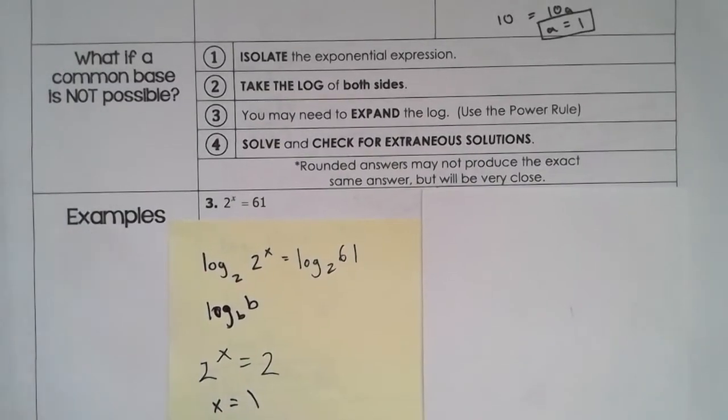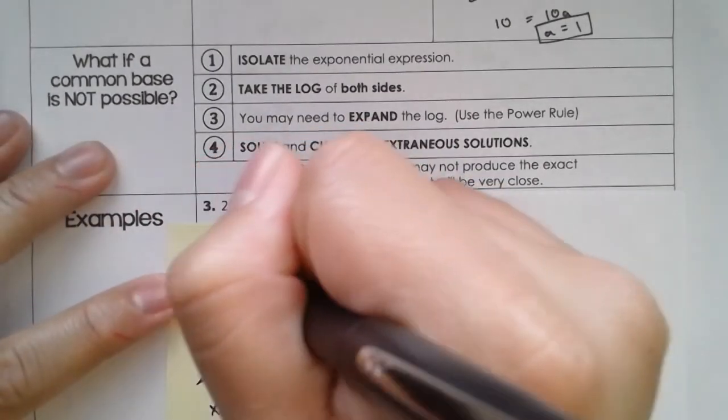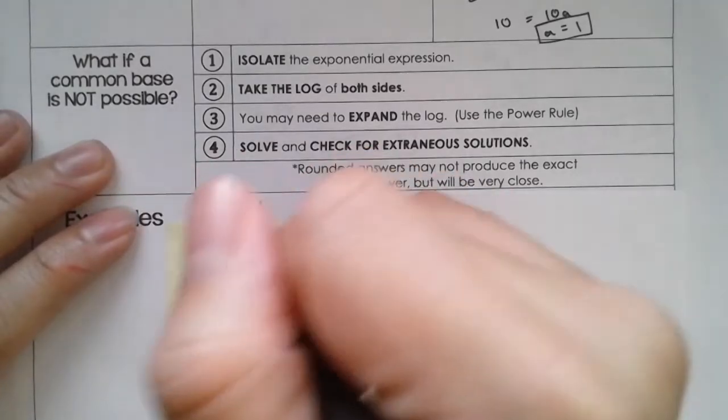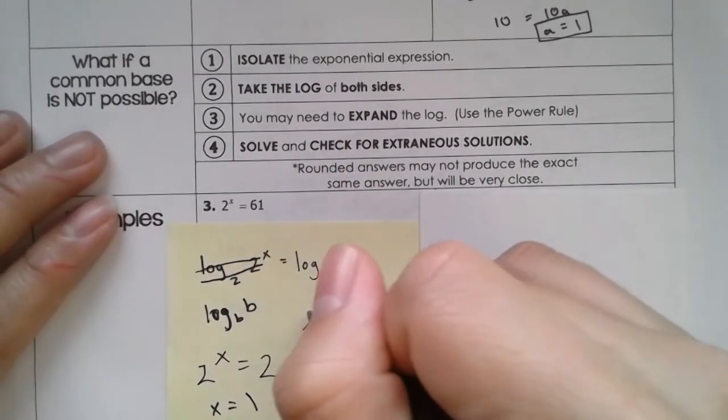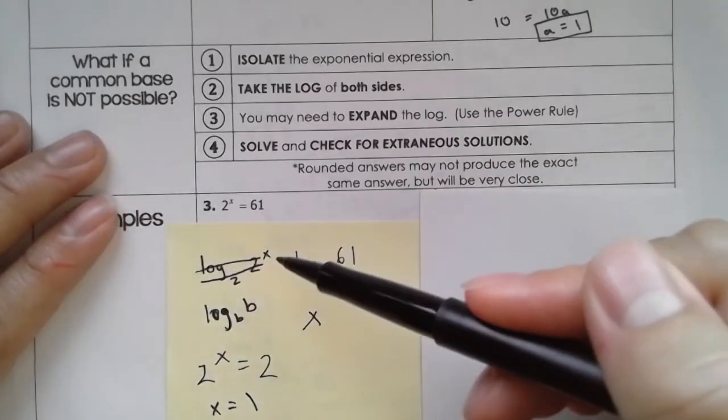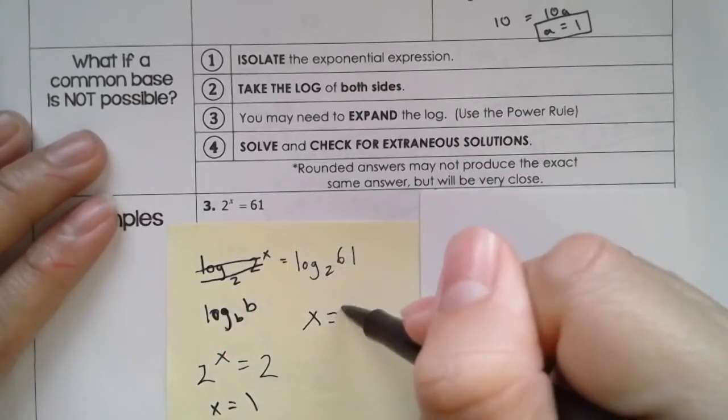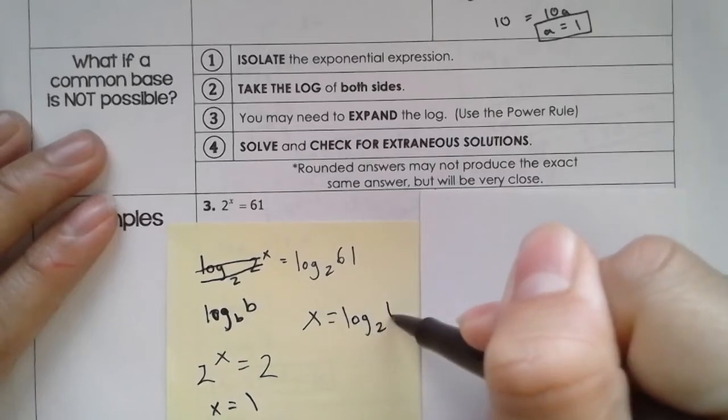You're always going to get 1. That is like multiplying by 1, so we say that the log and that number cancel each other out. And you would rewrite this as x, the exponent, is equal to log base 2 of 61.